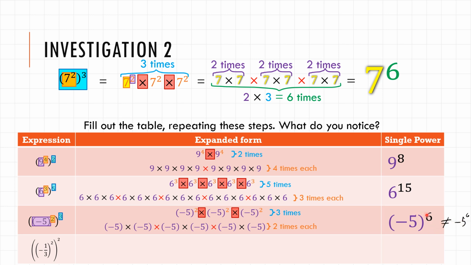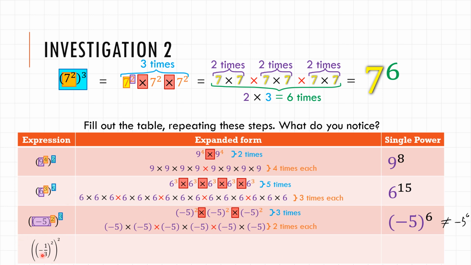Remember, we always take the exponent before we multiply, and this is sort of like saying take the negative of 5 to the power of 6, in other words, negative 1 times 5 to the power of 6. I'm not sure why it's written this way exactly. Who knows if there's a better way to write it that's less confusing. But this is just the way it is, and so we have to be careful about that, okay? When we're multiplying a negative, we just have to make sure we keep that negative base in brackets.